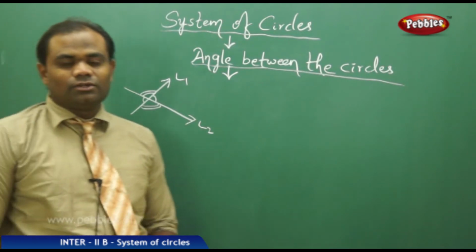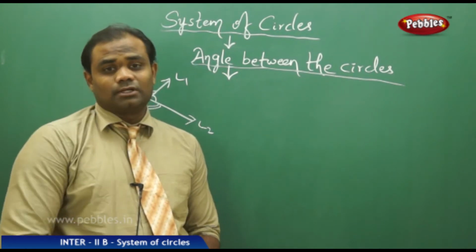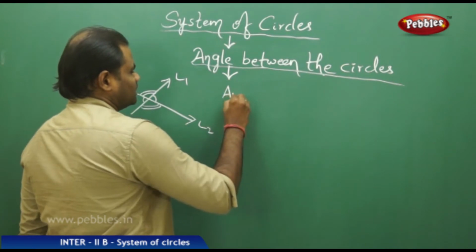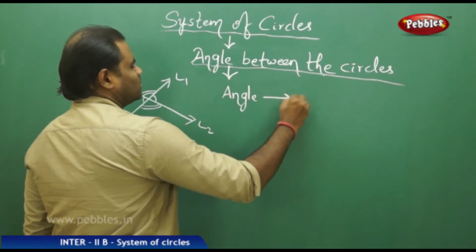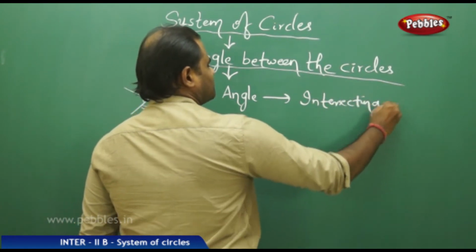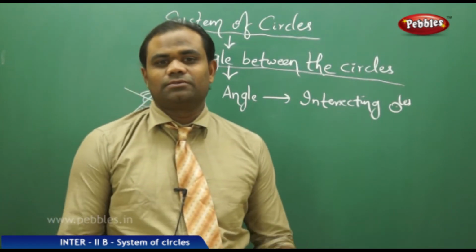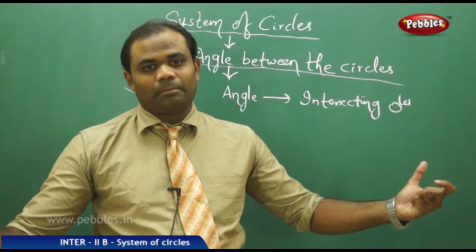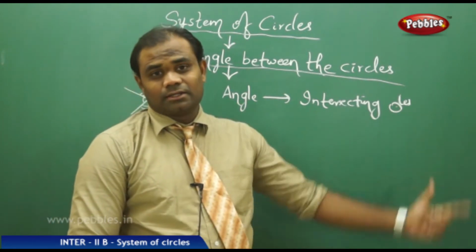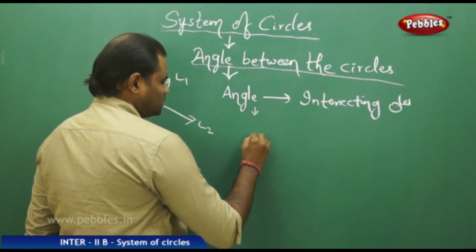Similarly, two circles are said to have an angle between them, provided the two circles are intersecting. So the important factor is that the angle depends on intersecting circles. If the two circles are not intersecting, then we don't have an angle between them, because they are simply far apart from each other.